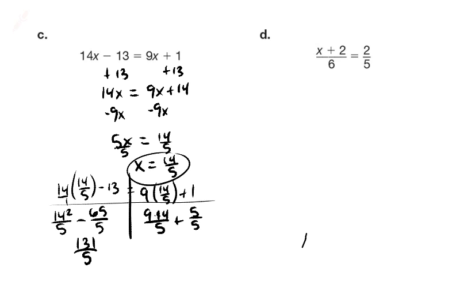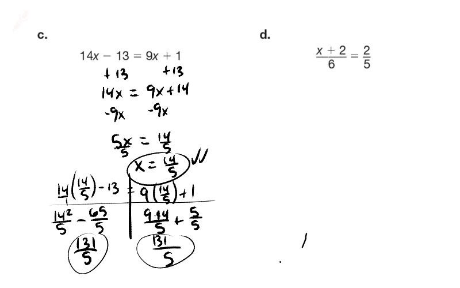Putting it all over one fraction, 9 times 14 plus 5, and when I evaluate that, I also get 131/5. Because the right hand and the left hand side are equal to each other, this is indeed our solution.